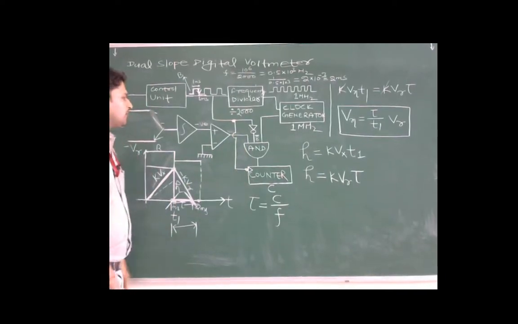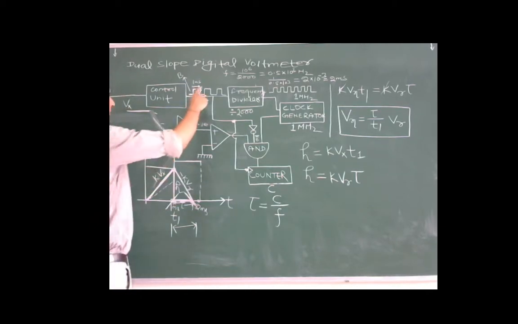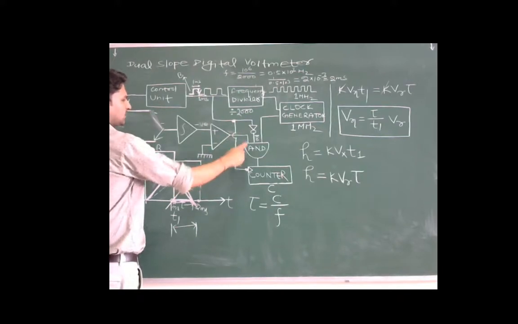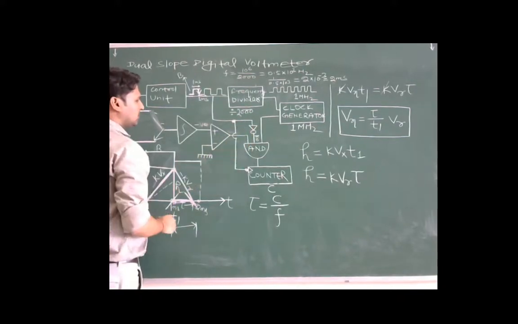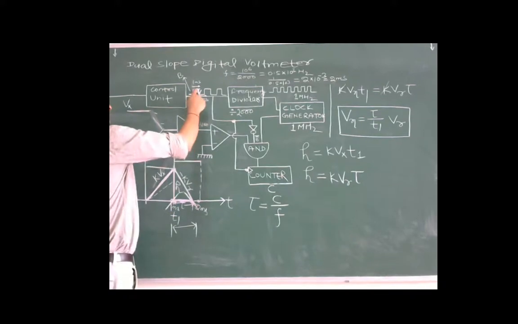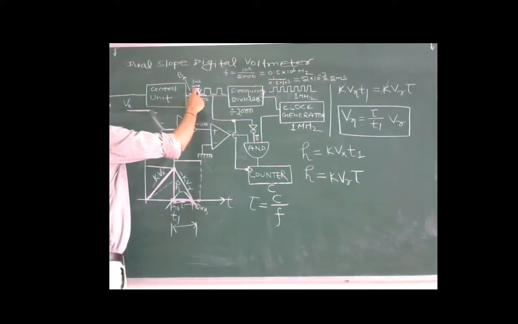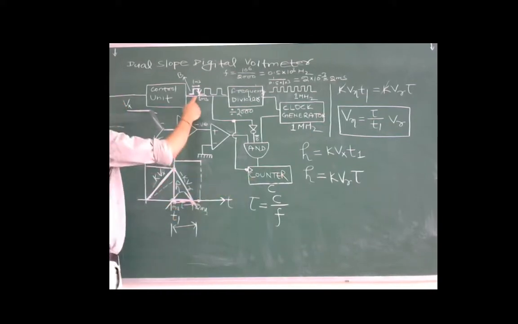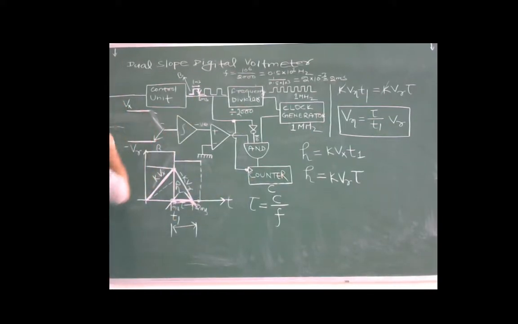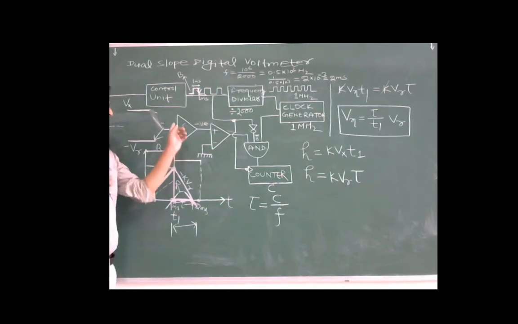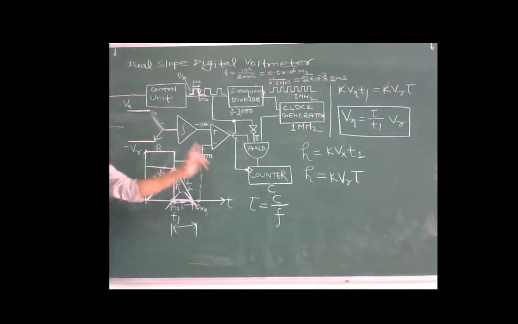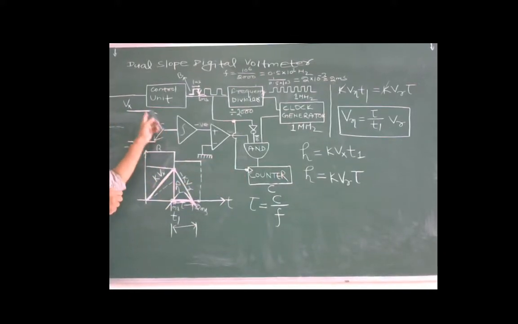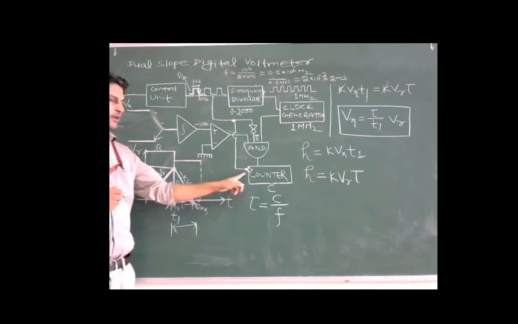Because this signal is connected to the AND gate through a NOT gate, when this signal becomes high the counter will stop counting, and when this signal is high, this switch is connected to Vx. It means that until this switch is connected to Vx, the counter will not count.